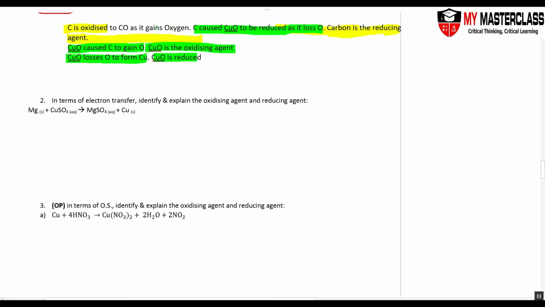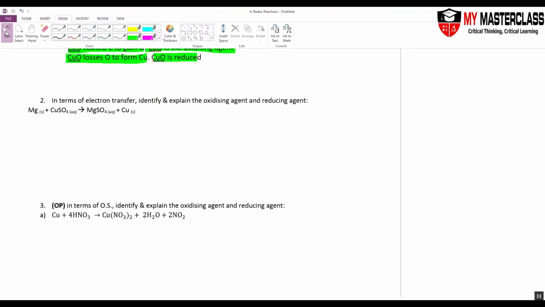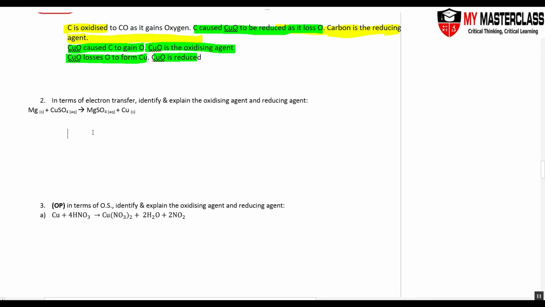In terms of electron transfer, explain the oxidizing agent and the reducing agent. So for Mg, write your half equation, using electron transfer to explain it. The magnesium metal gives Mg2+, the magnesium ions in the compound magnesium sulfate.